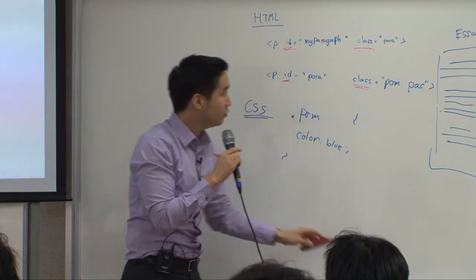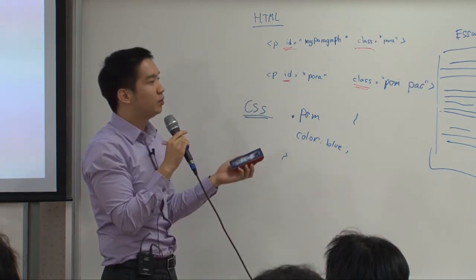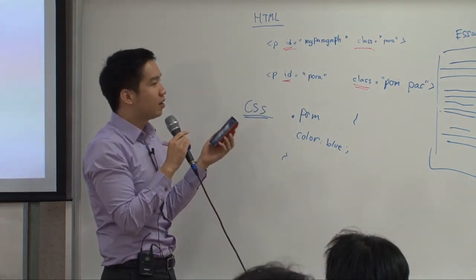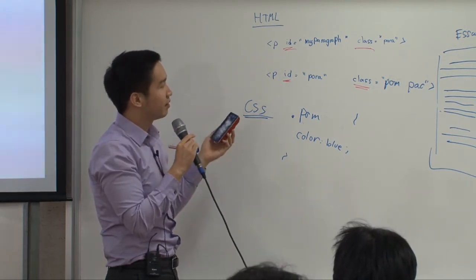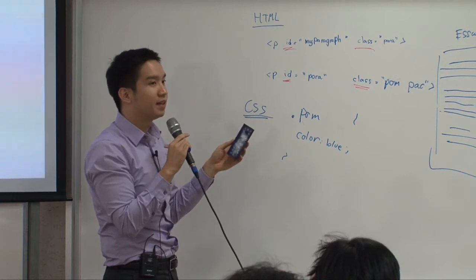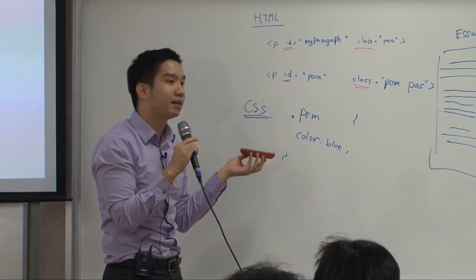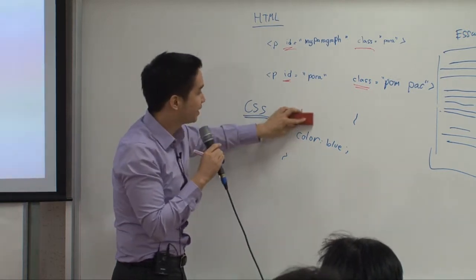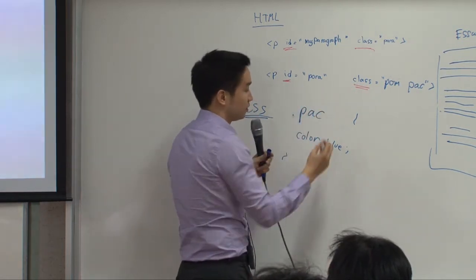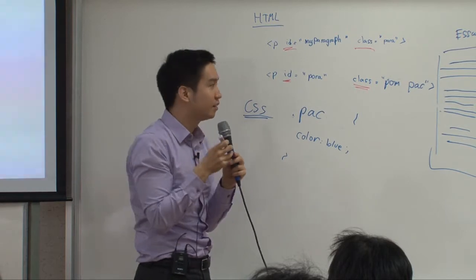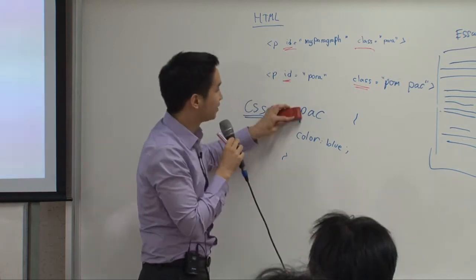So if I wanted to select all DOM elements that contain class pack, I would simply change this to .pack, right? You guys still understand so far, right?